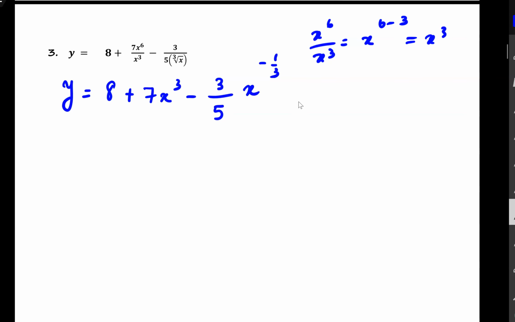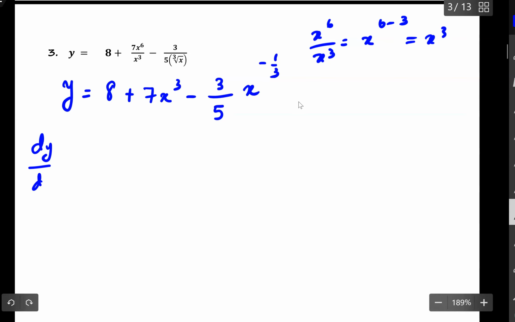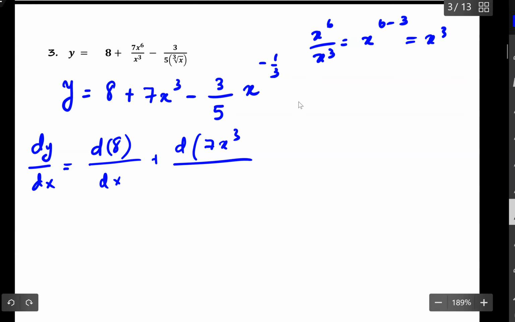So basically, I will write it as dy over dx is equal to derivative of 8 as a function of x plus derivative of 7x to the exponent 3 as a function of x, subtract the derivative of 3 over 5x to the negative 1/3 as a function of x.